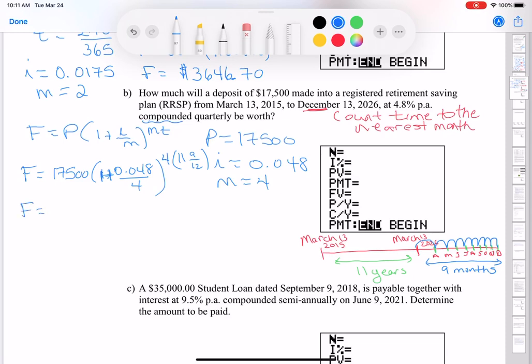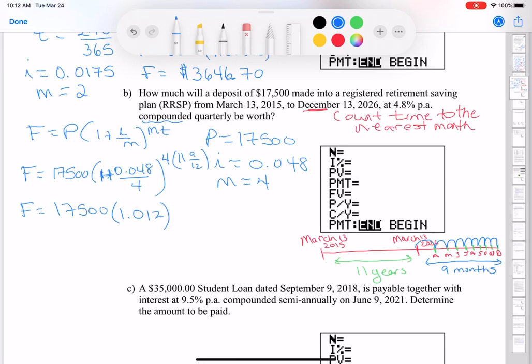All right, let's make this just be a little bit nicer. So 17,500, we can simplify what's happening in the brackets. It is 1.012. And this is a pretty complicated exponent for our calculator to take.